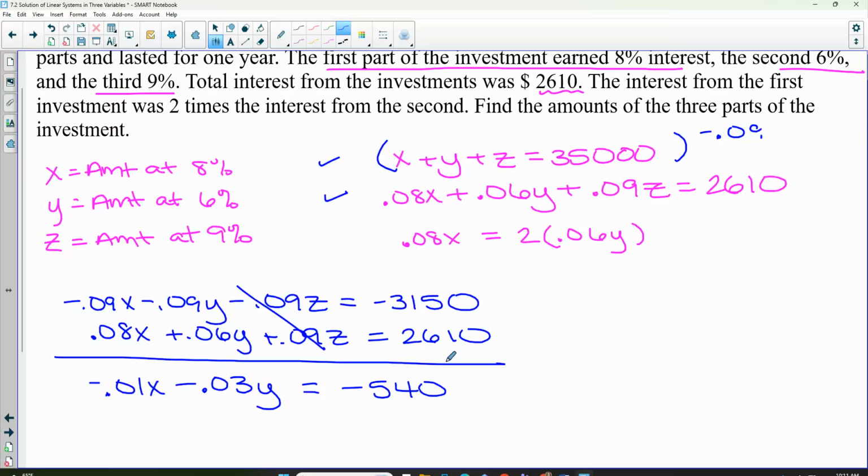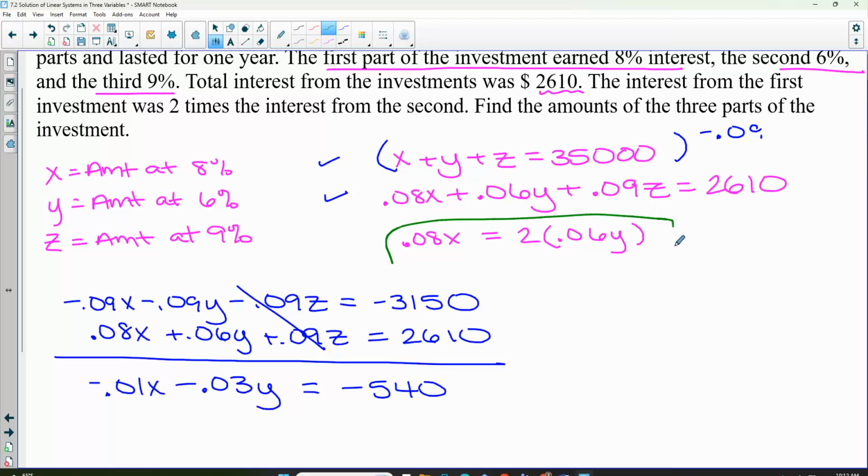What do you want to do next? I have not yet used the third equation, so I have to use it somehow. Do you want to just solve for x in the third equation?